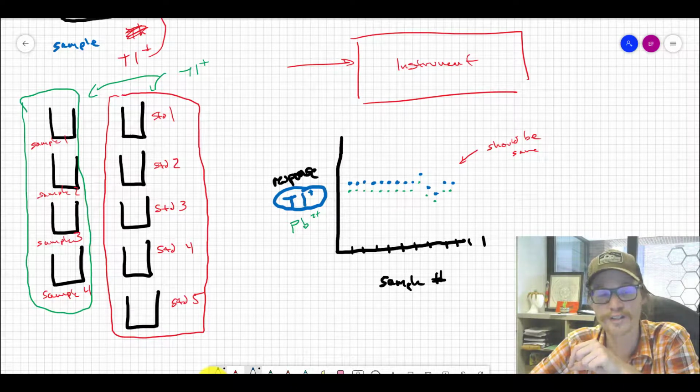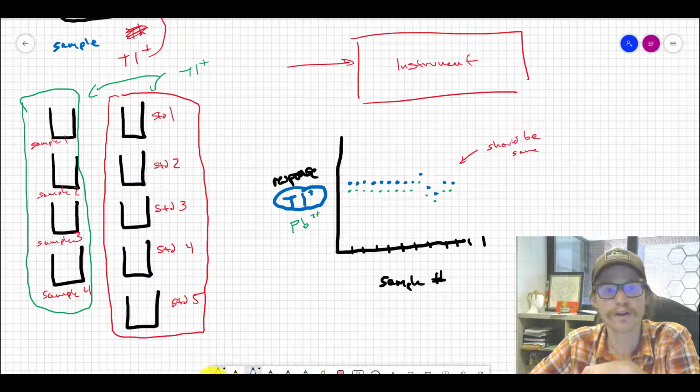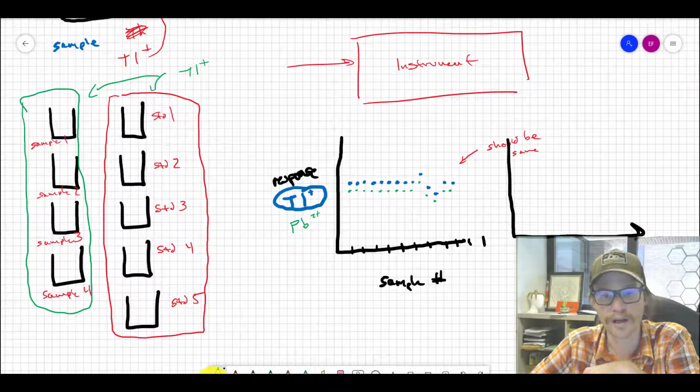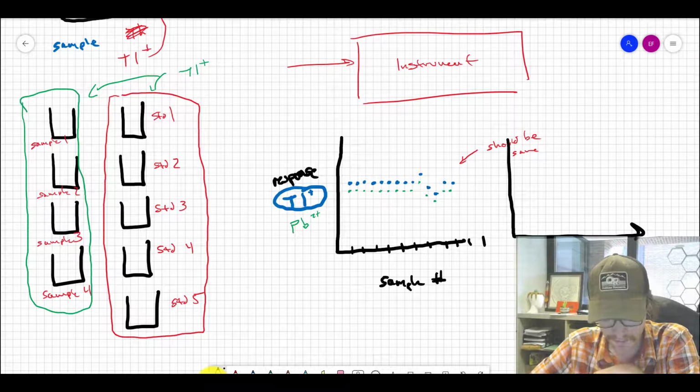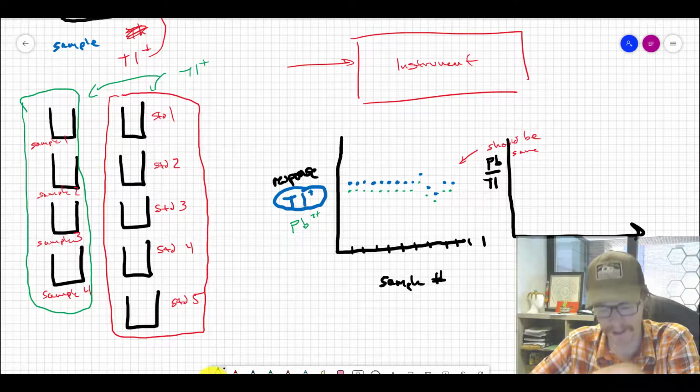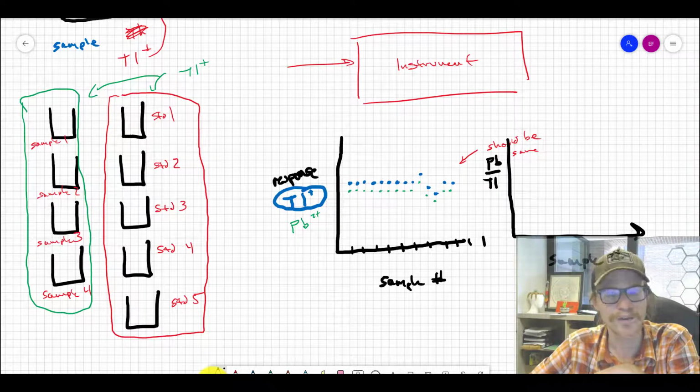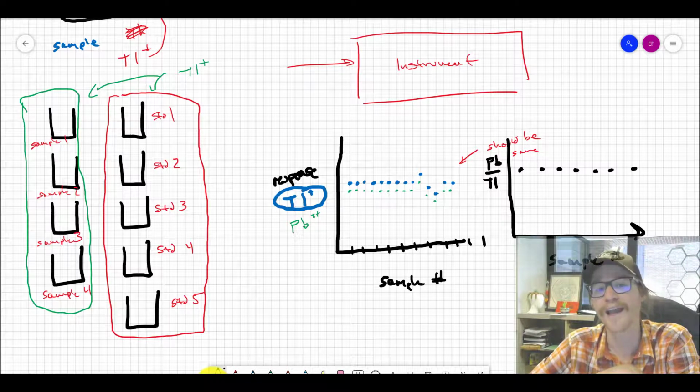So if lead is changing over time, what we can do is sort of do a ratiometric compensation for this, where we would take the lead signal divided by the thallium signal as a function of the sample number here. And what would happen if we took the ratio of the blue to the green intensity here? Well, if they're tracking the same every time, then what we have is a new adjusted response where everything is normalized, nothing is changing.